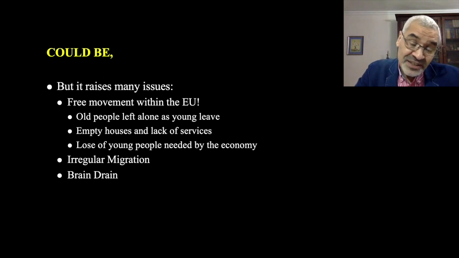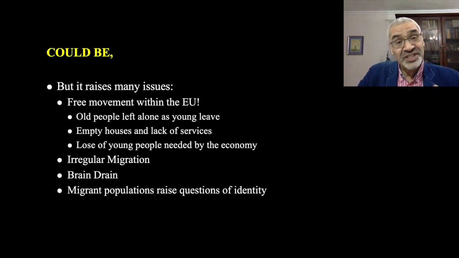The South cannot give the North its qualifications and just be left drained of these qualifications if they are needed there. So the migrant population also raises questions of identity, and we can see this in France, in Western Europe, with the presence of Muslim societies, for instance, with the presence of Africans, with the presence of Asians.